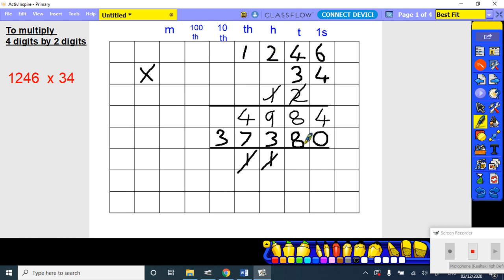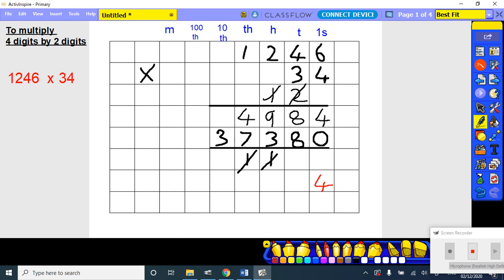So we can begin adding each place value column. And as always, we shall start with the ones. So we have 4 ones plus 0, and that equals 4. And we'll do that in red so the answer is nice and clear.